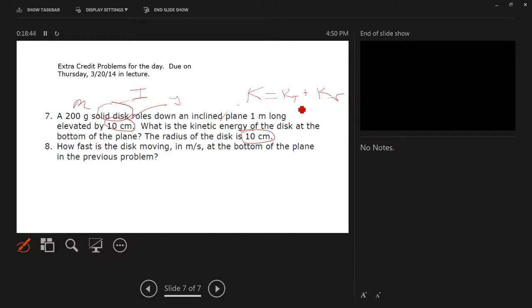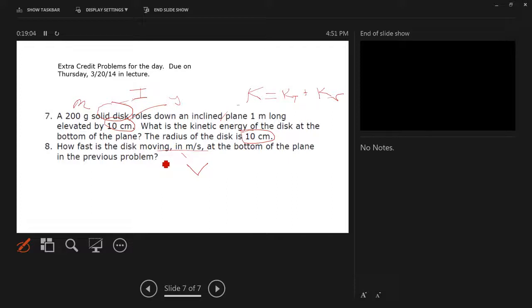So I would use conservation of energy to determine what that is, because at the top it's all potential energy, at the bottom it's all kinetic energy, and there's no friction here. Okay, now at the bottom we want to know how fast is it moving. So we're looking for V, aren't we?